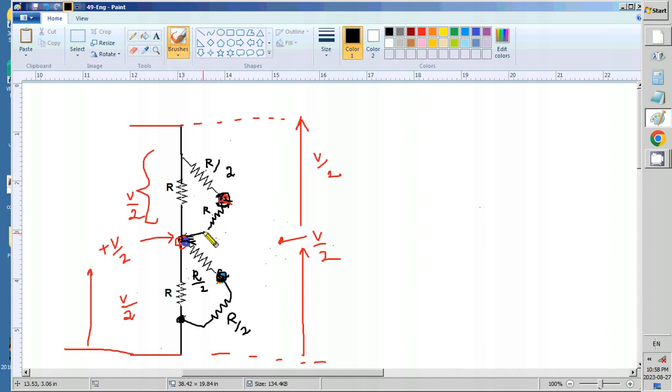So let us draw it. R divided by 2. Now these two are in series. R divided by 2, R divided by 2. Then R. Then R. R, single one. We can draw a single one.